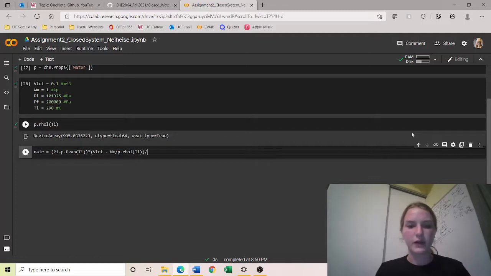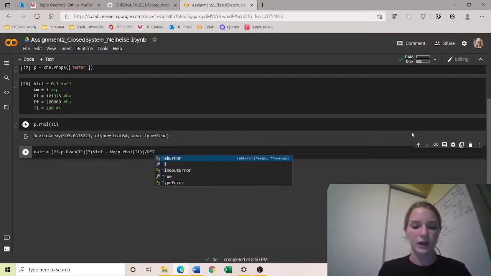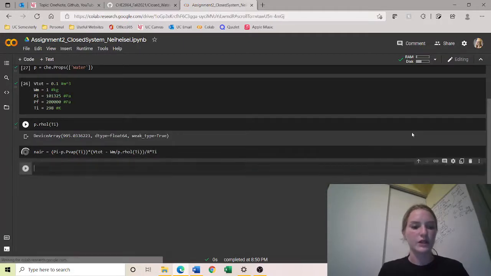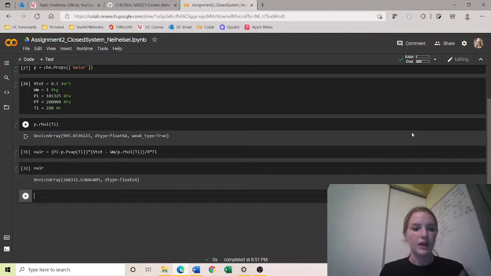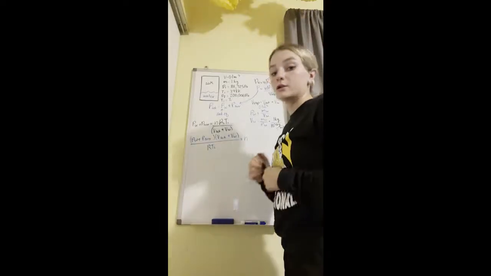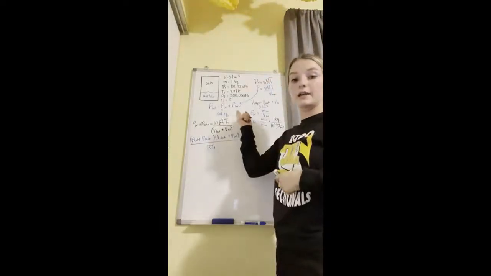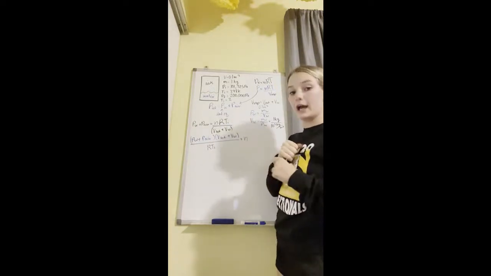And then we're going to divide all of this by R times the initial temperature. So we're going to hit Shift Enter, and then if we type in air and Shift Enter, that is the amount of moles inside of our closed system. So now we know how to find the partial pressure of air.